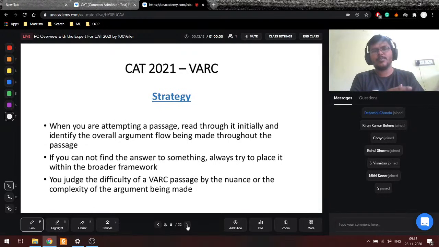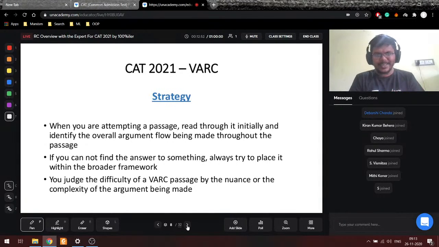Identifying easier or more difficult questions in LRDI and Quant has much easier strategies. However, particularly in RC, you can also do that. When you are reading through the passage, if the argument being made is too complex, too nuanced, with too many conflicts, contradictions, parallels, then you would get to know that this particular passage is more difficult than others.